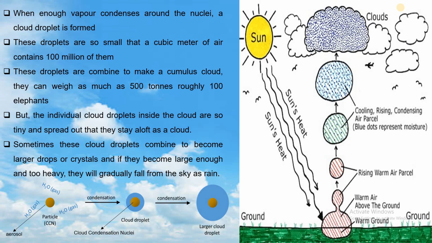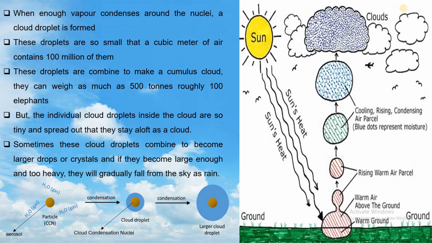As this process continues and the water vapor condenses, the tiny droplets keep sticking to the dust particles, and over time, when enough water condenses around the surface of particles like salt, smoke and dust, at one point a cloud droplet is formed.